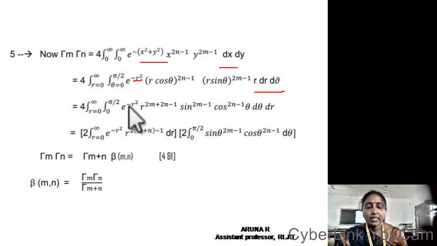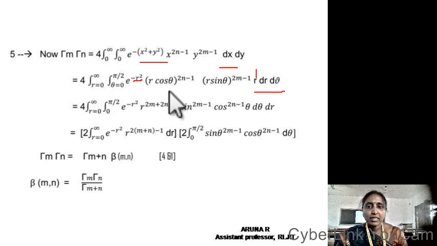Now what is the next thing? We will separate the r term as one term and the theta term as another term. Here it is r power 2m minus 1 and 2n minus 1, and also r power 1 is there.